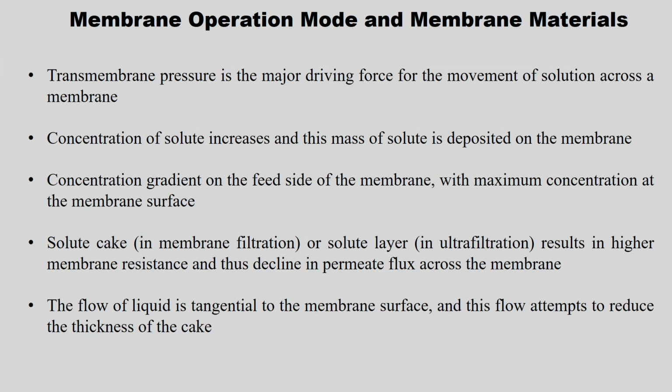The transmembrane pressure is the major driving force for the movement of solution across the membrane, and the concentration of solute increases, and this mass of solute is deposited on the membrane surface, as we just discussed. There is a concentration gradient on the feed side of the membrane, with maximum concentration at the membrane surface.